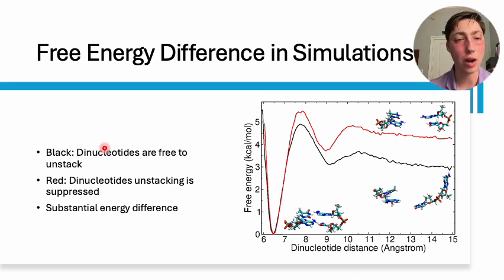The black trend represents the dinucleotides that are free to unstack in the simulation. The red one represents the situation where unstacking is suppressed, where the system is bound and the base pairs are stacked on top of each other indefinitely. As you can see, there's a substantial free energy difference between the two trends.